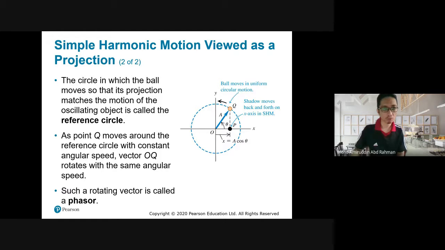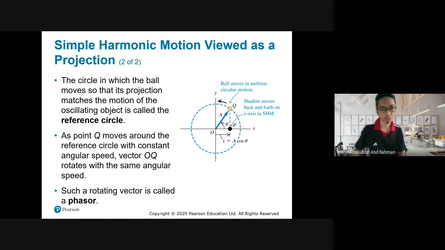The motion of the ball following this circle is called the reference circle. As the point Q moves around this circle at a constant angular speed, the vector OQ rotates with the same angular speed.